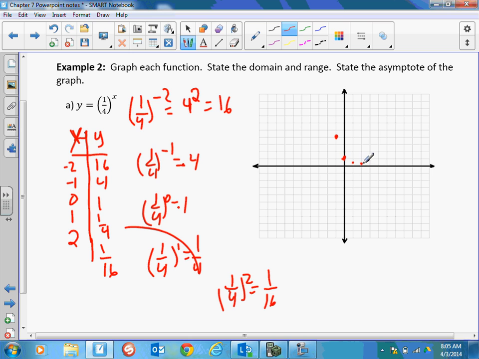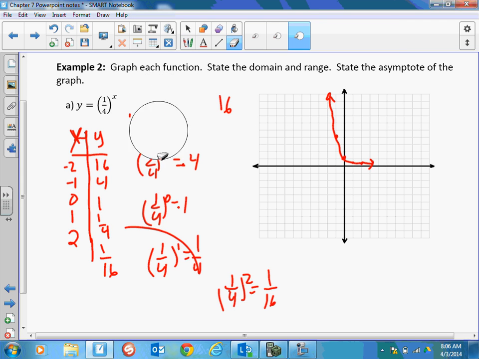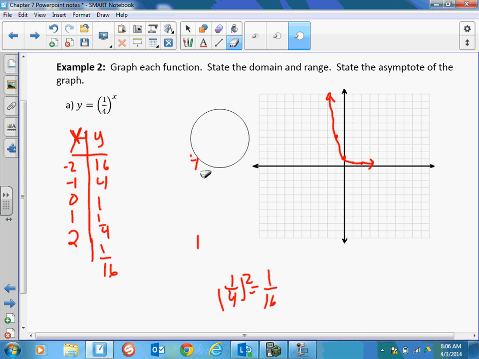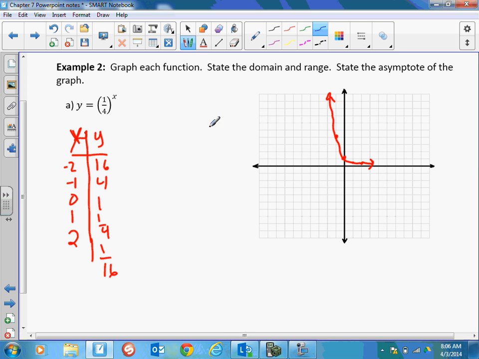Okay, so you can see that instead of rising from left to right, now it falls from left to right. And that's because 1/4 is in between 0 and 1. Okay, and that's what makes it have decay. So domain doesn't change. Domain is all real numbers.